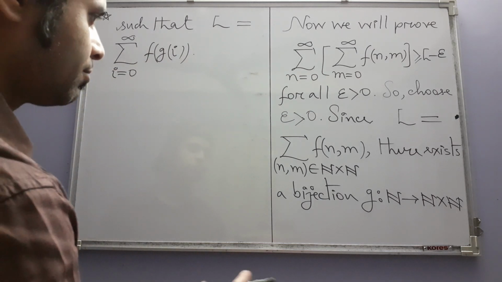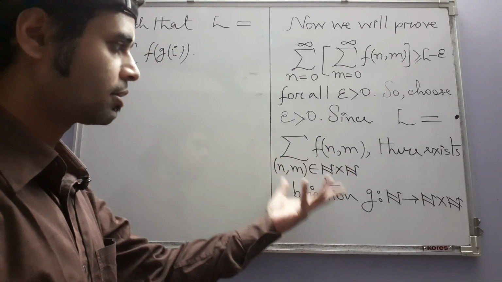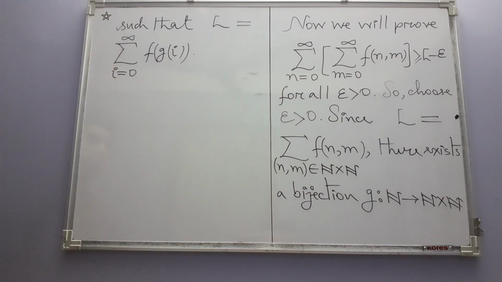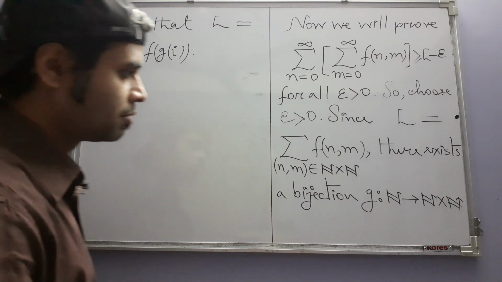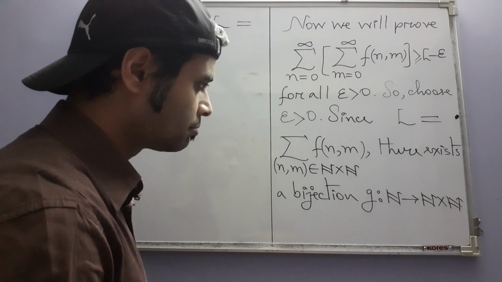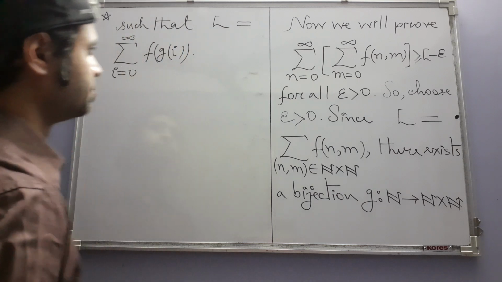Okay, so we have actually not done anything much. We have just simply used the definition of absolute convergence of such a sum. So there exists such a bijection, and if I am remembering correctly, we already considered such a bijection previously in the proof. I can't remember, and it does not matter.